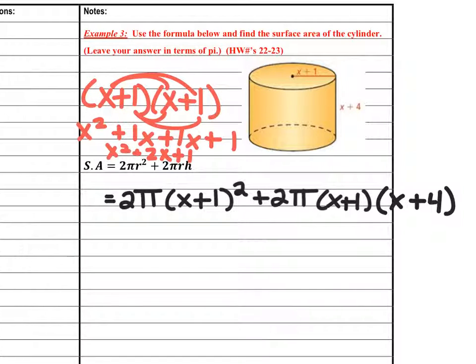Check me if I'm right. Is it x squared plus 2x plus 1? So instead of writing (x plus 1) squared, we're going to put that: 2 pi times what we just got for expanding that out.